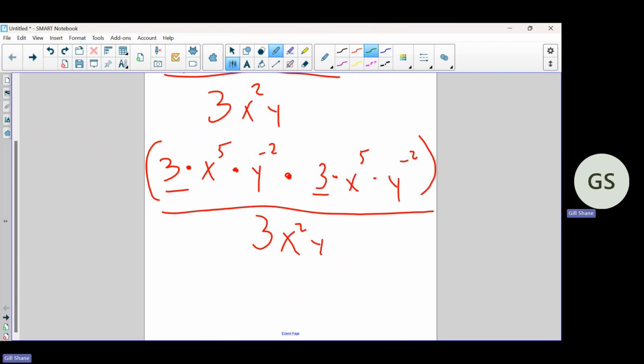If we have the same base here, we can add the exponents. And if we have the same base here, we can add the exponents. Now, we can also do something else. Depending on how you want to handle that, it's up to you. Oh, wait, I'm not going to add the exponents. Scratch that. Then you would have to know the rules, though.